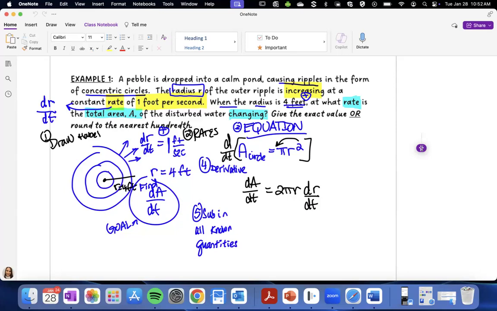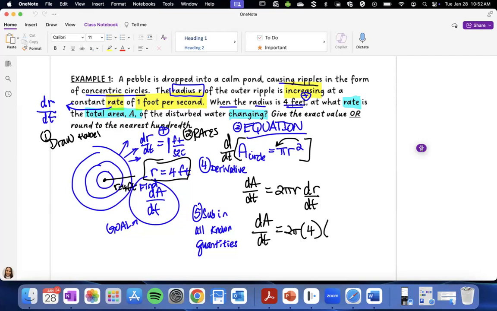So dA over dt is what you're supposed to find, so you'll leave that as a variable. 2 pi is just a number. R, I'm going to plug in as 4, I know that's 4 feet. So 2 pi times 4 for R, and dr over dt is 1.